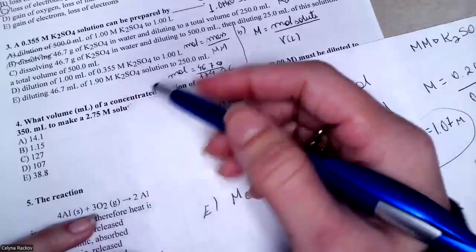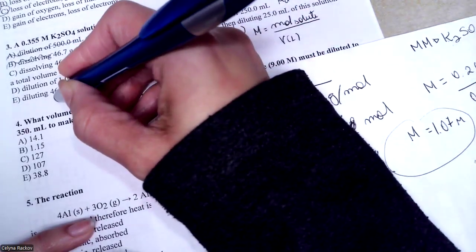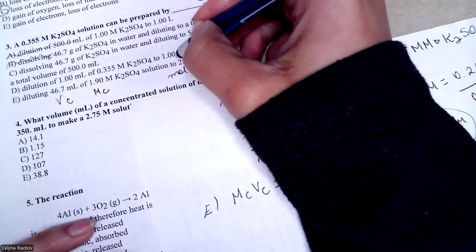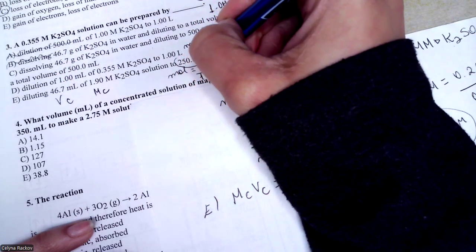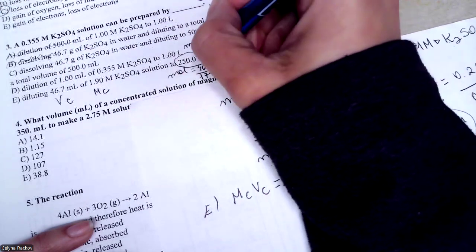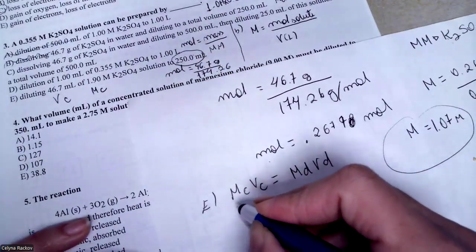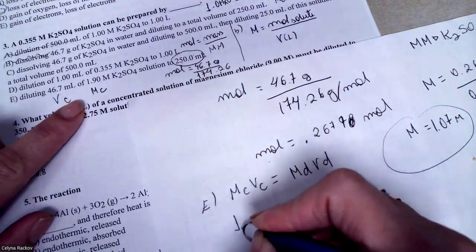So here, 1.9 is your MC, 46.7 is your VC, and the final volume, that will be the diluted solution, will be 250 milliliters. So molarity for the concentrated one is 1.90, right?